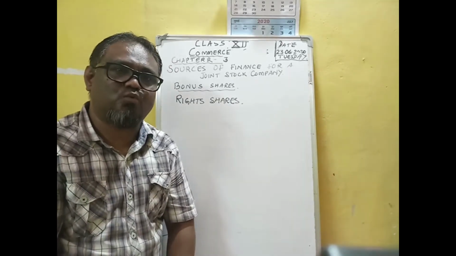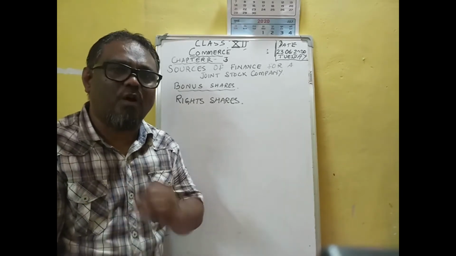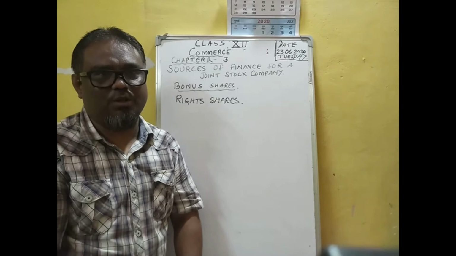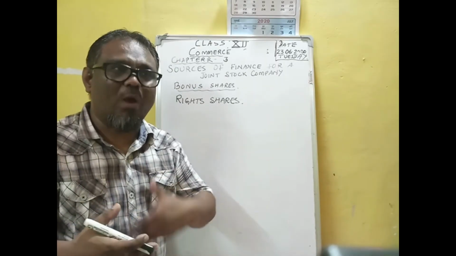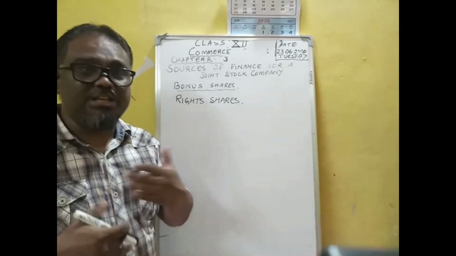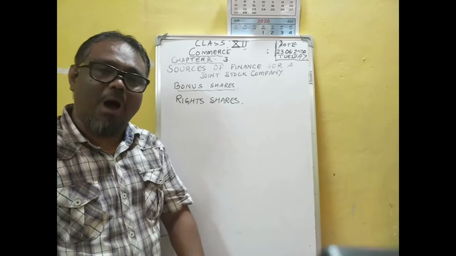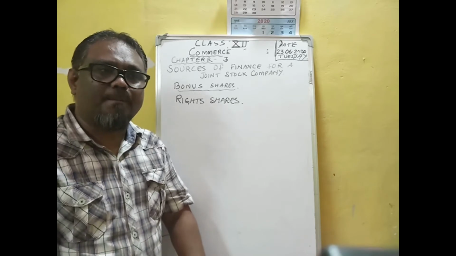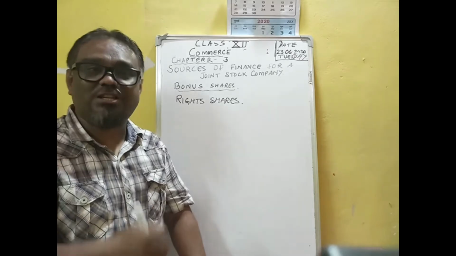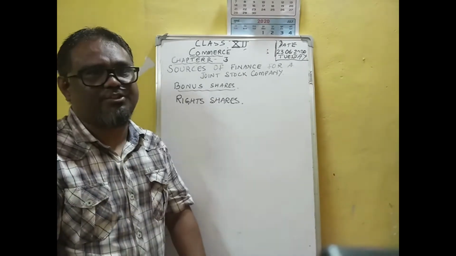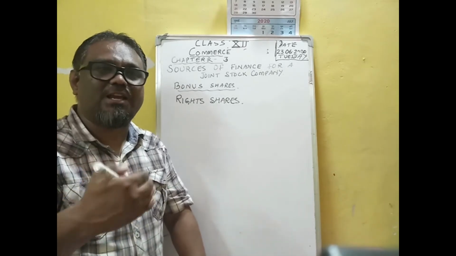Rights shares are those shares which a company issues first to the existing shareholders. When a company is in need of finance, it has to issue new shares in the market. First of all, the company has to ask the existing shareholders. The existing shareholder has the first right.